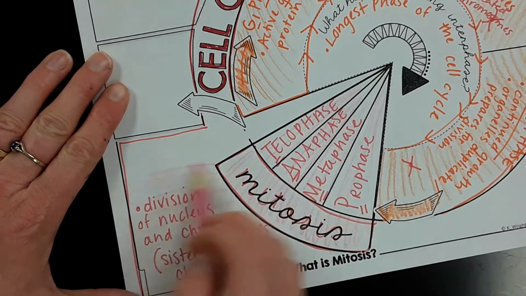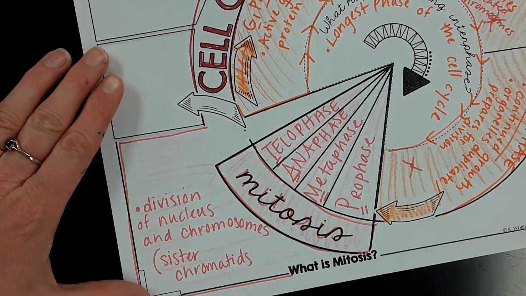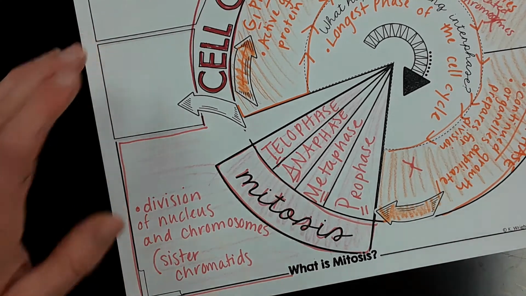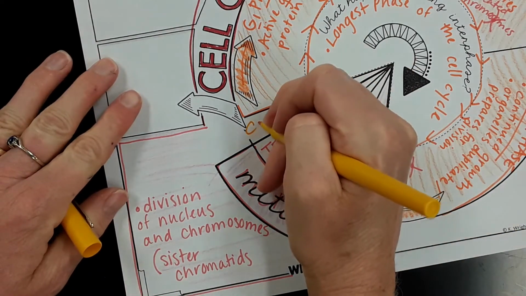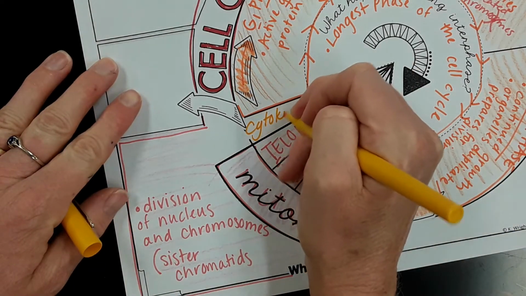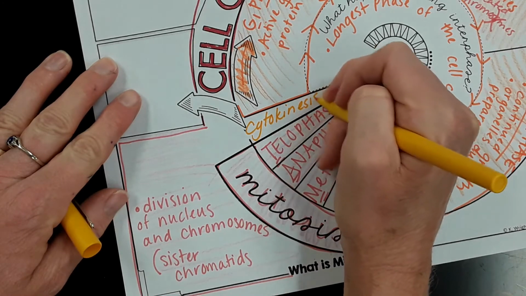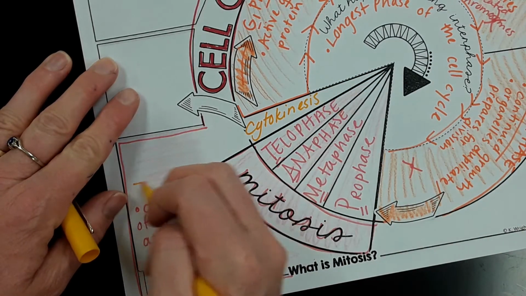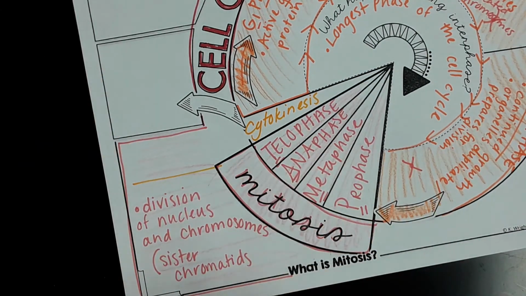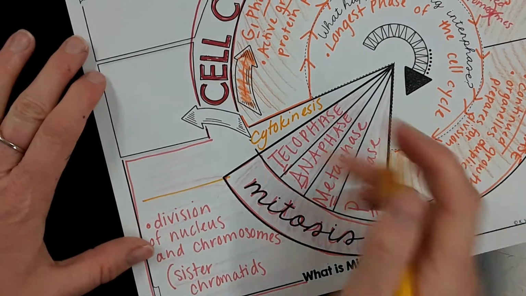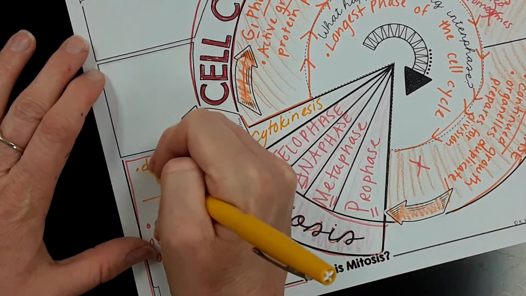And then the last thing that's going to happen here is cytokinesis. This last one right here is cytokinesis. Cytokinesis is the division of the cell and the cytoplasm.